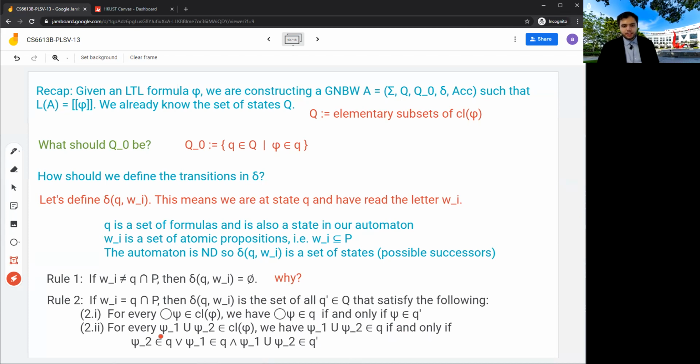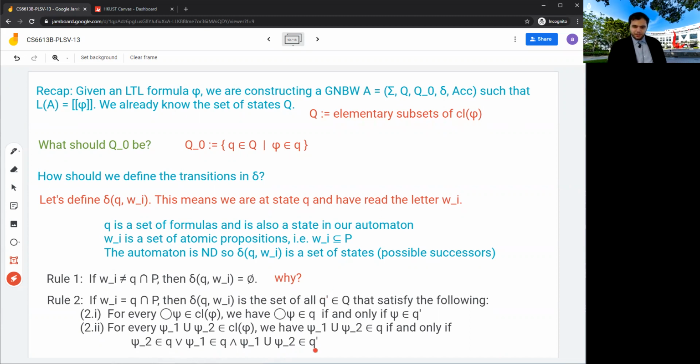What happens for until? Well, for until, we can again just use the expansion rule that we had on until. So if at the current point in time in Q, I have a formula psi1 until psi2 that I have to satisfy, what does this mean? This means that either psi2 should be satisfied in Q, which means that psi2 should be a formula in Q, or psi1 should be in Q, and then psi1 until psi2 should be satisfied in the next step, and the next step is now Q prime.